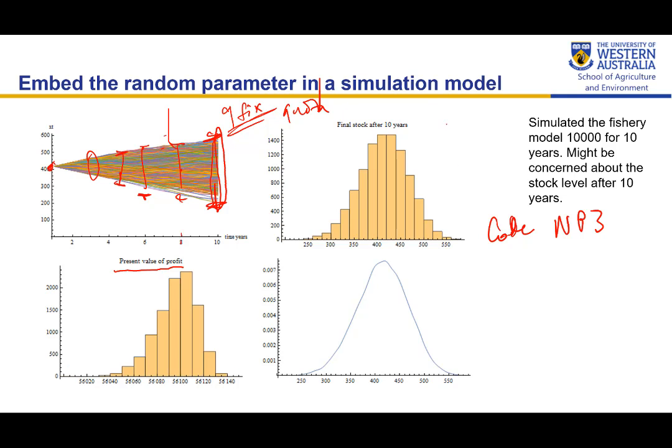So with the stock, it's going from a value there of about 560 down to as low as 250, and here the profit over a 10-year period is just going between 56,000 and 56,140. So interestingly, the profit has a much narrower range.